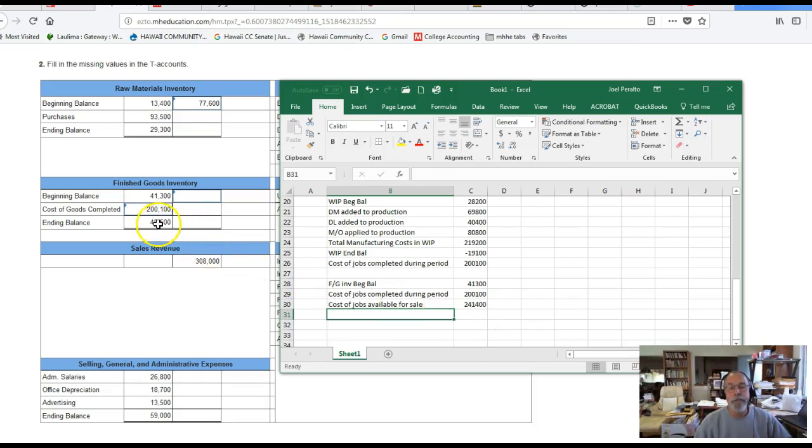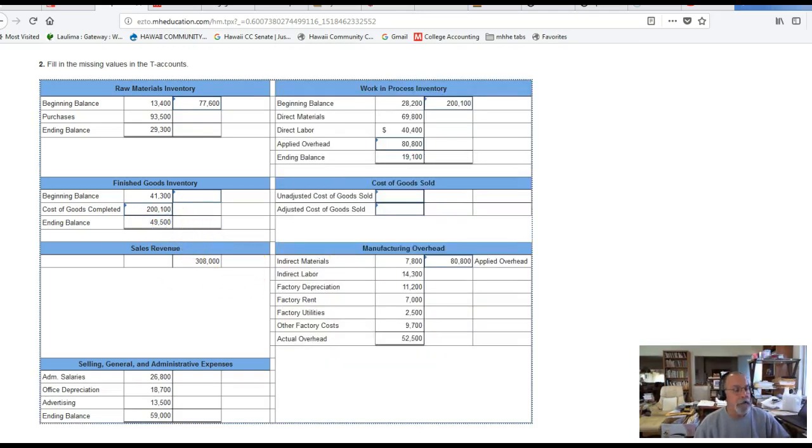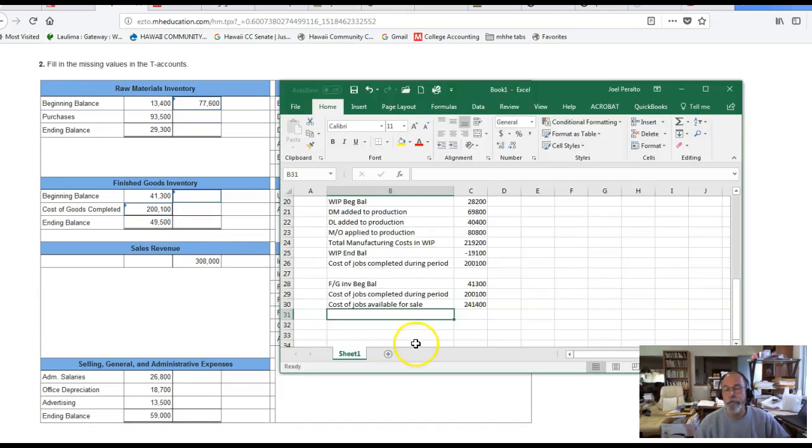And again, we can see that our ending balance in that inventory account is way less than what was available for sale.